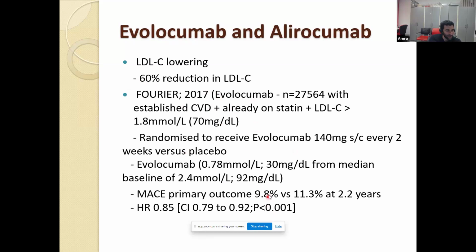If you look at major adverse cardiovascular events in just over 2 years, 9.8% of patients on evolocumab developed a cardiovascular event compared to 11.3%. So they worked out that the hazard ratio was a 15% risk reduction. So you have a further 15% reduction in your risk of having a cardiovascular event when you give these drugs, evolocumab or alirocumab.